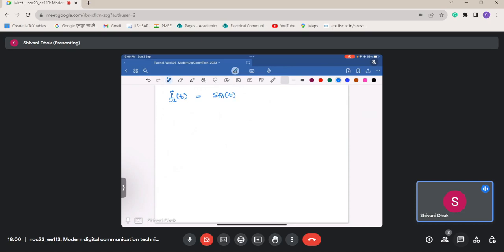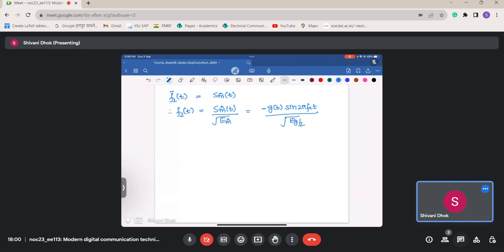Okay, now therefore the second basis f2 t will be equal to SM hat of t upon the energy of this signal, and the energy of this signal will be basically EM hat, and this is equal to minus gt sine 2 pi fct whole divided by under root Eg by 2.